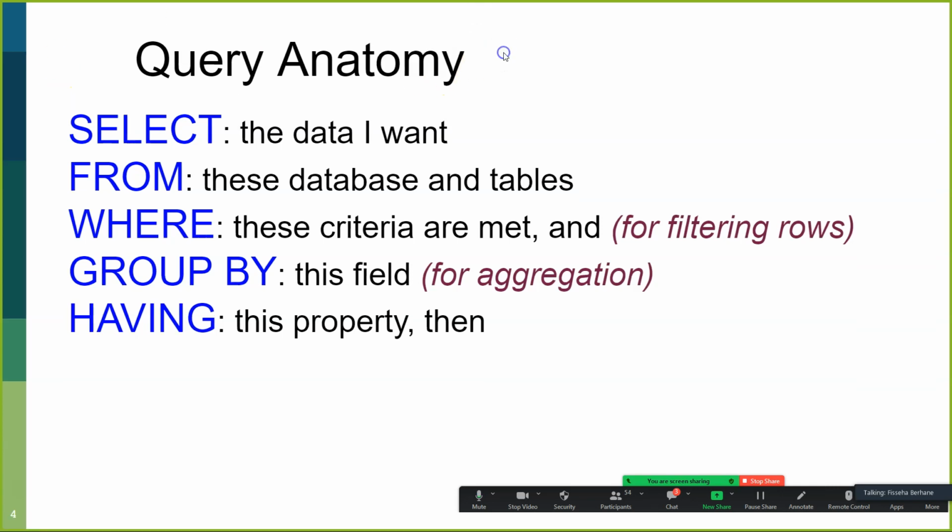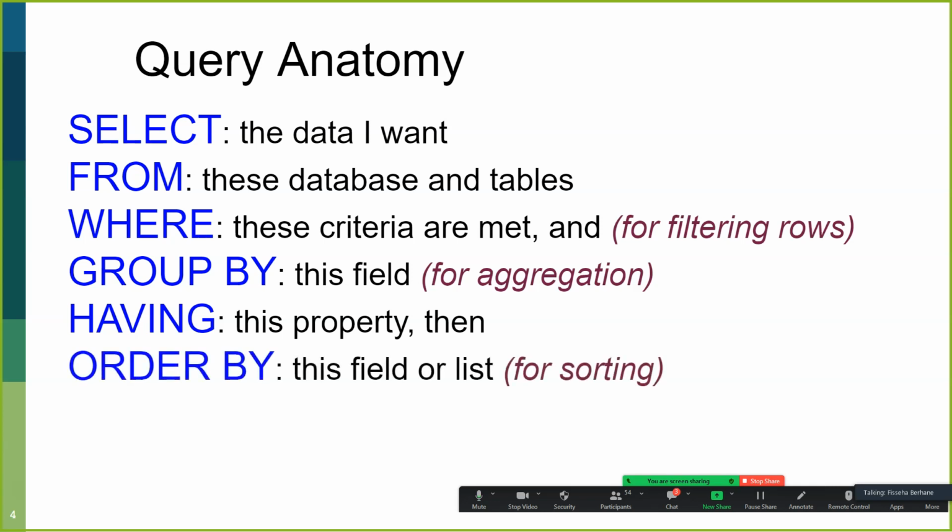So HAVING is used to filter the aggregated data, not the raw, original-level data, but what you calculated. First you calculate using the GROUP BY, it gets a result, then you further filter that based on this HAVING property.